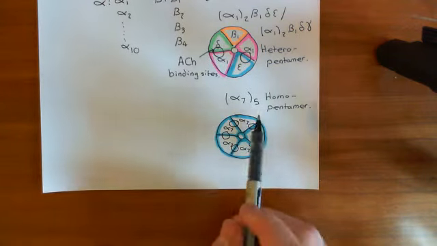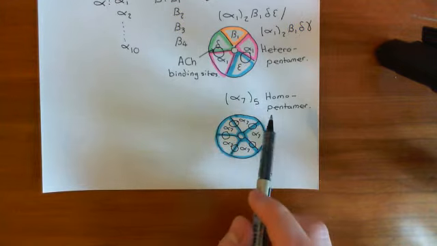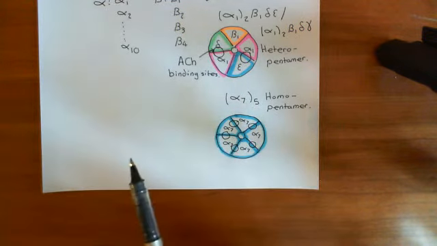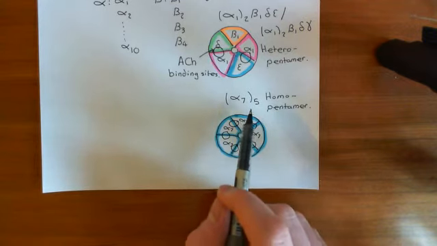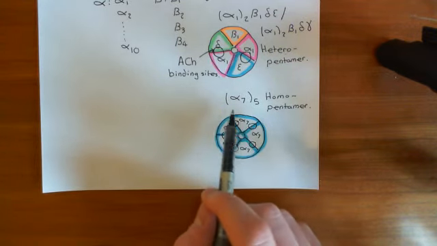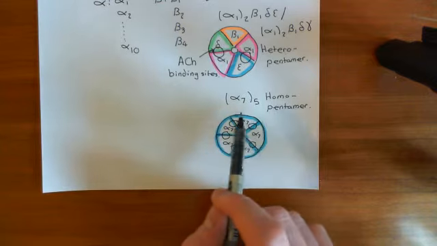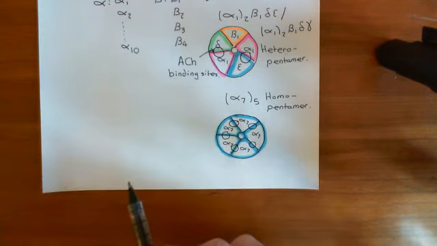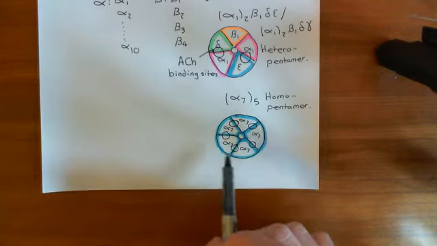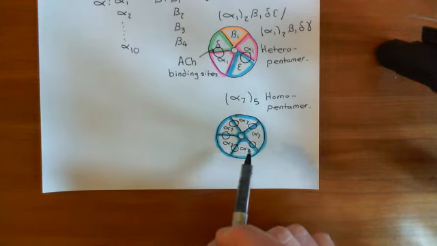Okay, so this alpha 7-5 homopentamer of nicotinic acetylcholine receptor is not found in skeletal muscle cells. Instead, it's found in the brain. It's one of the 2 very common nicotinic acetylcholine receptors that you have in the brain. It's also very involved in the addiction process to nicotine.